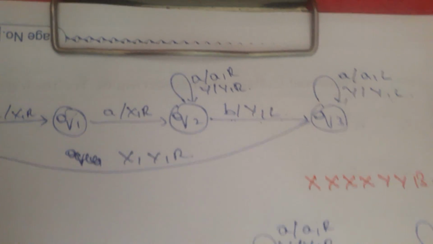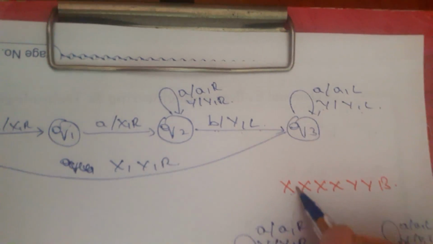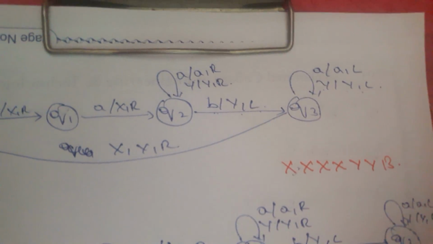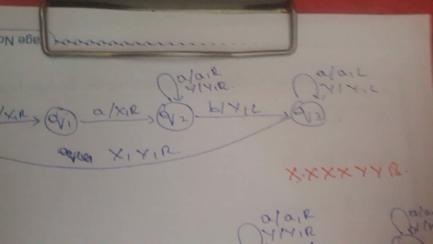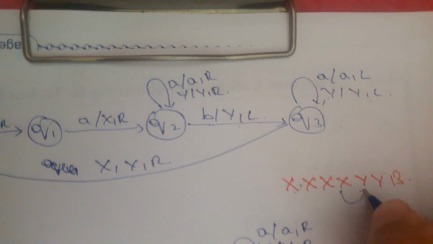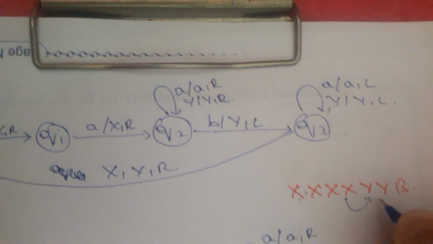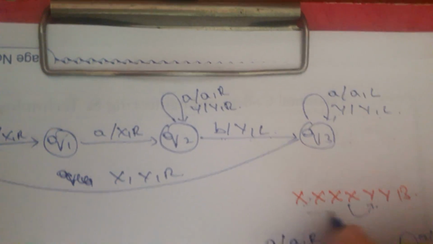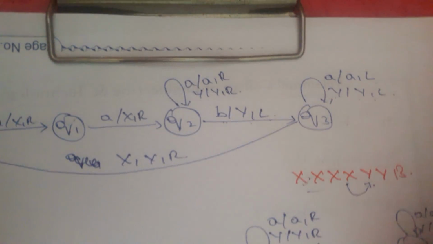Now there might arise a question: how would the Turing machine know that all the a's and all the b's are converted to x and y? It's simple. If an x is followed by a y, then all the a's and b's are converted to x and y.